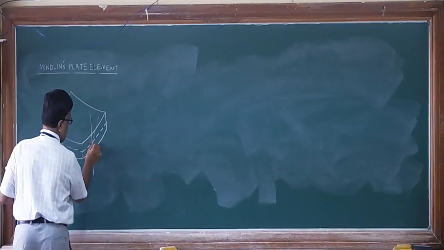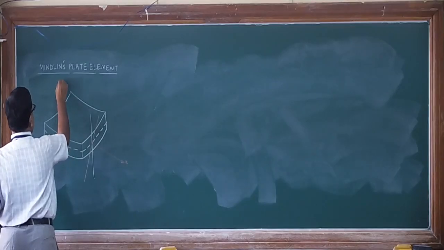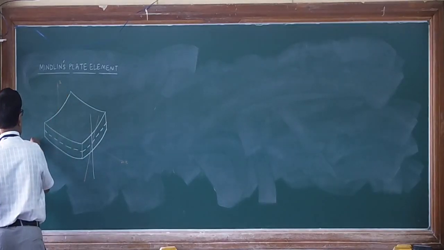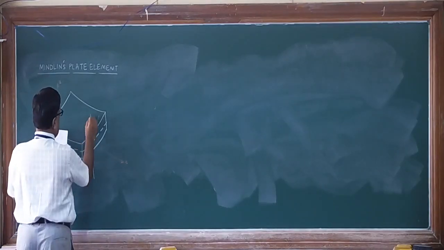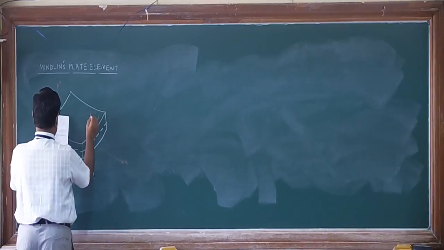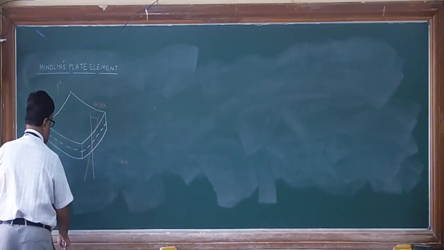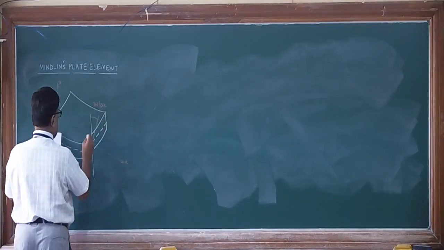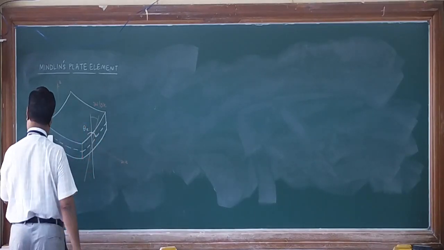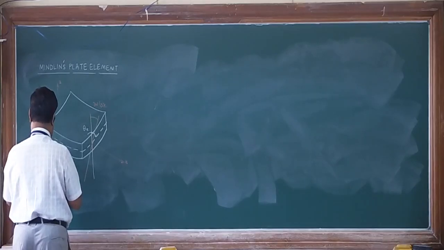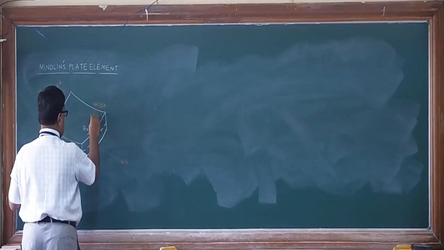This is called the XZ plane. This is X, and this is your Z. This is your Y plane. The rotation is in the XZ plane. That is, this is nothing but dou W by dou X, and this is the rotation theta X. See, out of this, these are the normals.